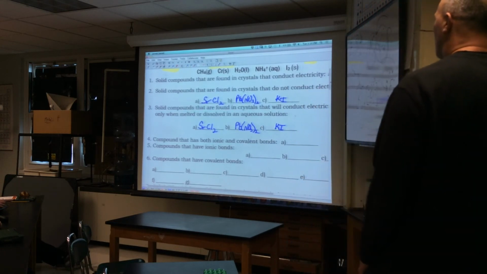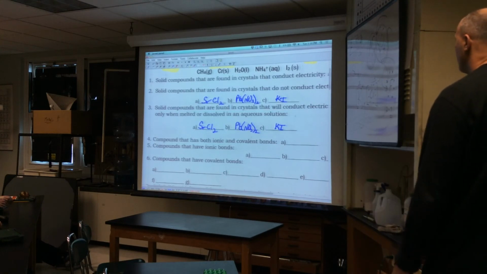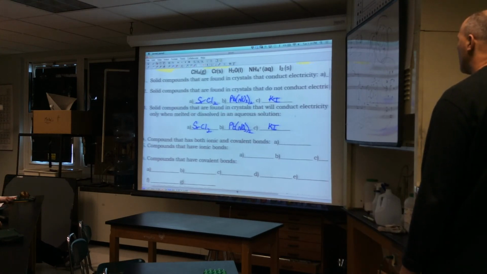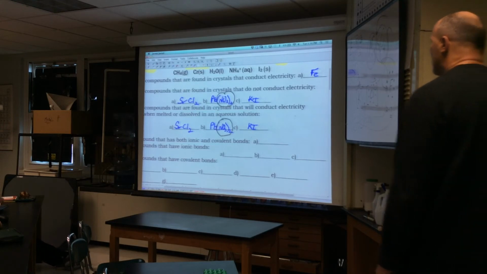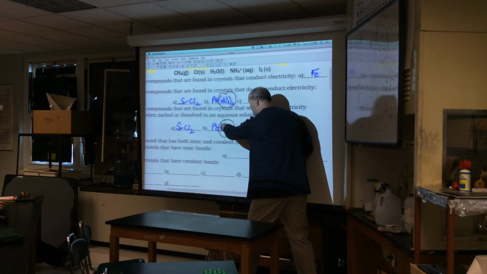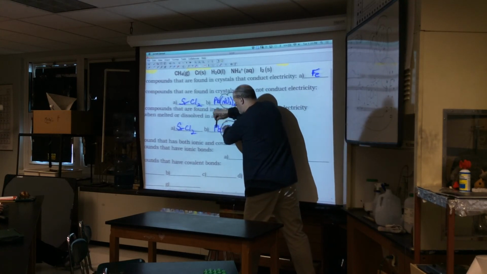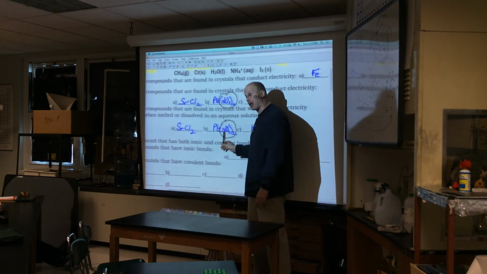Number 4, compounds that have both ionic and covalent. What am I looking for? What must I have? I must have a cluster of nonmetals acting as a single ion, as a cluster, because this cluster has an ionic bond with this metal, which is positive, but between the nonmetals there must be sharing.